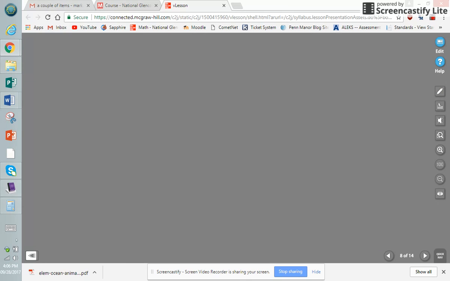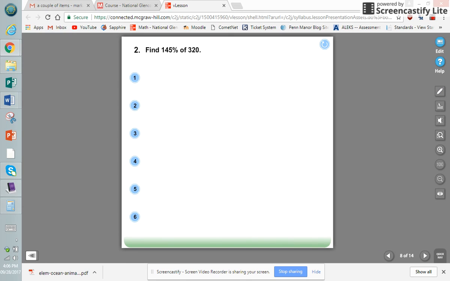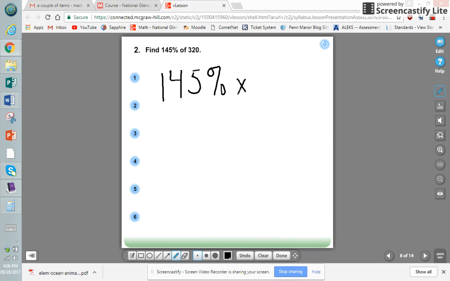What if the percent is bigger than 100%? In this example, we have 145% of 320. There's that magic word of. When I see of, I think multiplication. Let me rewrite the problem. I can work with it a little bit more efficiently. I'm going to multiply that by 320.